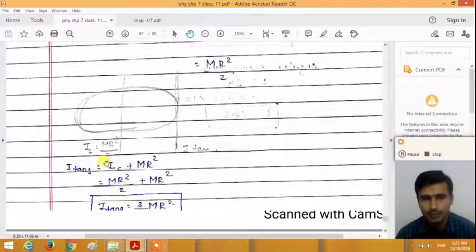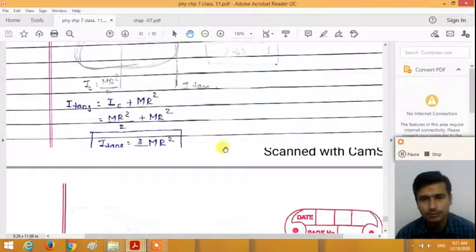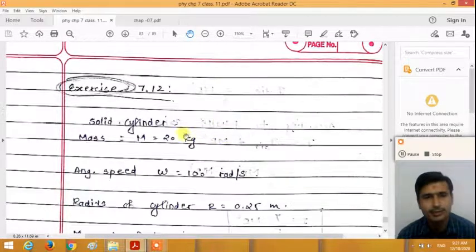So IC, moment of inertia about the axis passing through center, is mr square by 2 plus mr square, that is the moment of inertia about the axis passing through the tangent is 3 by 2 mr square. Understand? So now we take the exercise example 7.12.